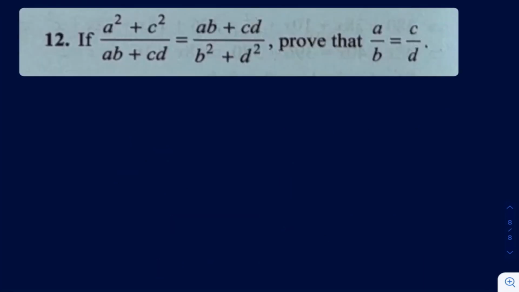Let's move to the last question of this exercise, question number 12. They have given two ratios equal and we have to prove A upon B equals C upon D. And this is very easy to prove. You just have to cross multiply them.